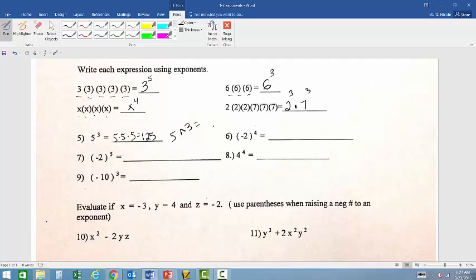So for number 6, we're going to take -2. We're going to multiply it 4 times. So 2 to the 4th power, we said earlier, was 16. So even though it's -2, if the exponent's an even number, it's going to be positive. And I want you to write that little note down.